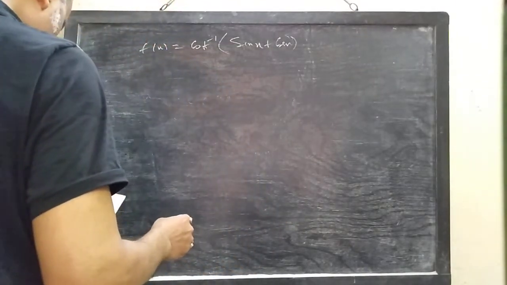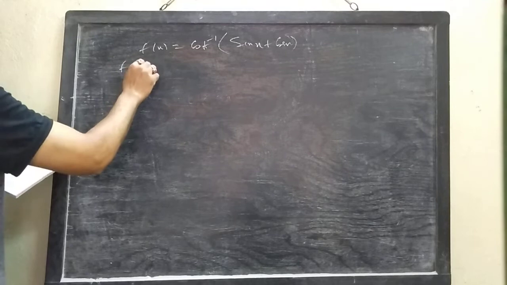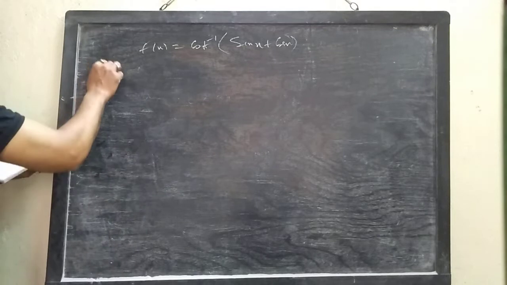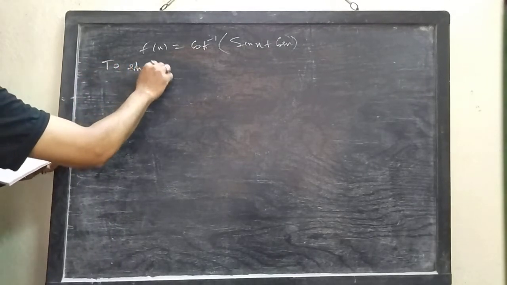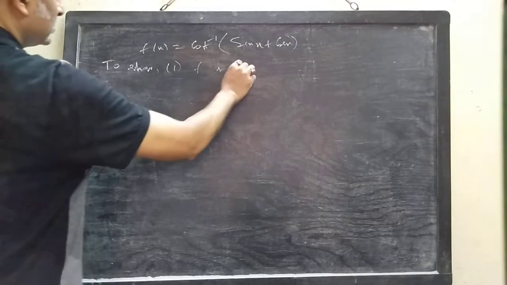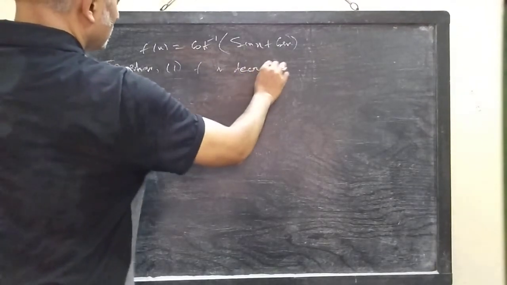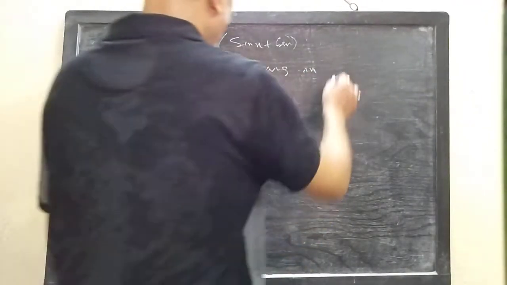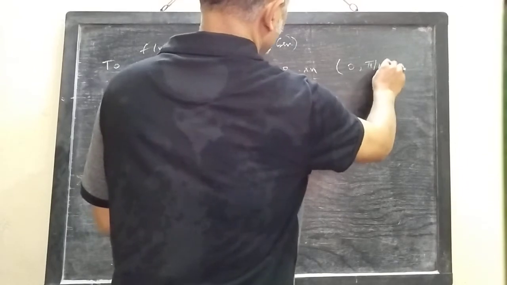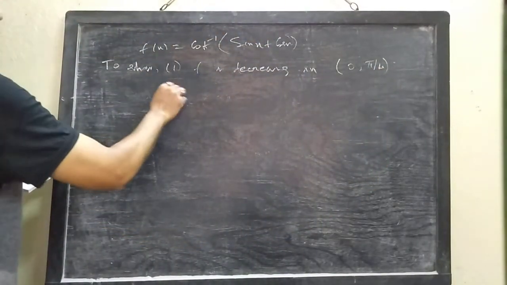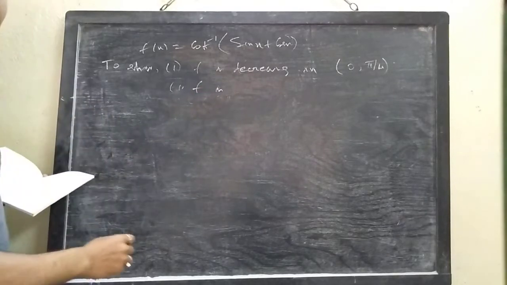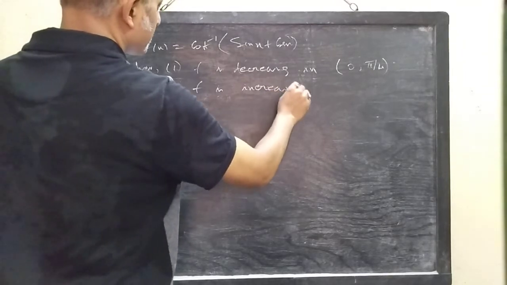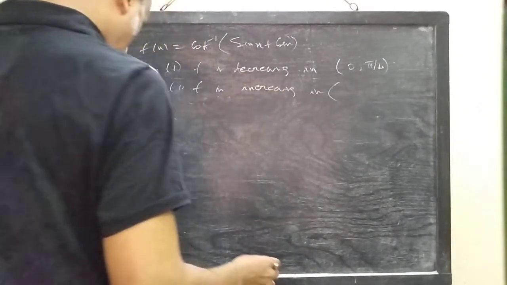To show number 1, f is decreasing in 0 to pi by 4 open. Number 2, f is increasing in pi by 4 to pi by 2 open.